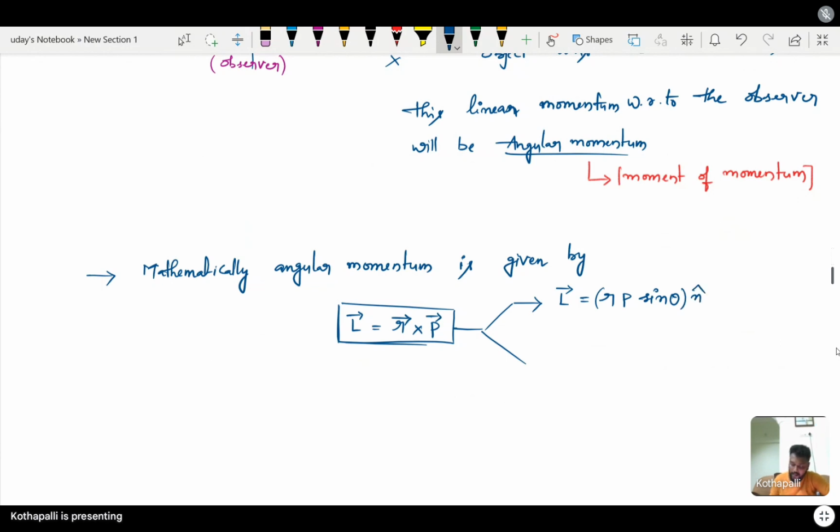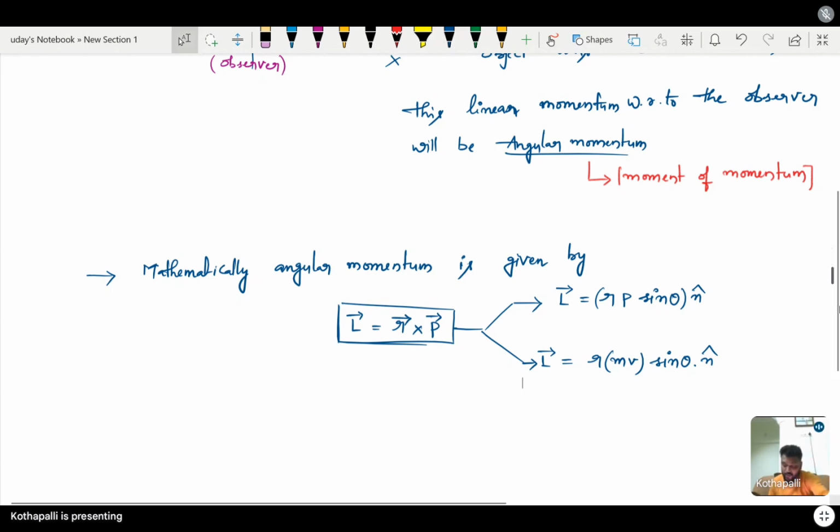Or we can also write L equals R into P, which is nothing but mass into velocity, the linear momentum, into sine theta, the magnitude part, into n cap. So mathematically, the expression of angular momentum is R vector cross P vector, which we can also express as R P sine theta n cap or R m v sine theta n cap.